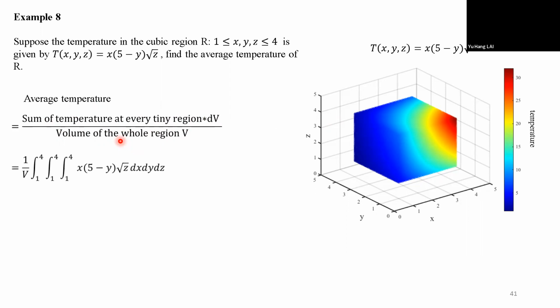That means I need to do this triple integral and then divide it by the volume of the room.